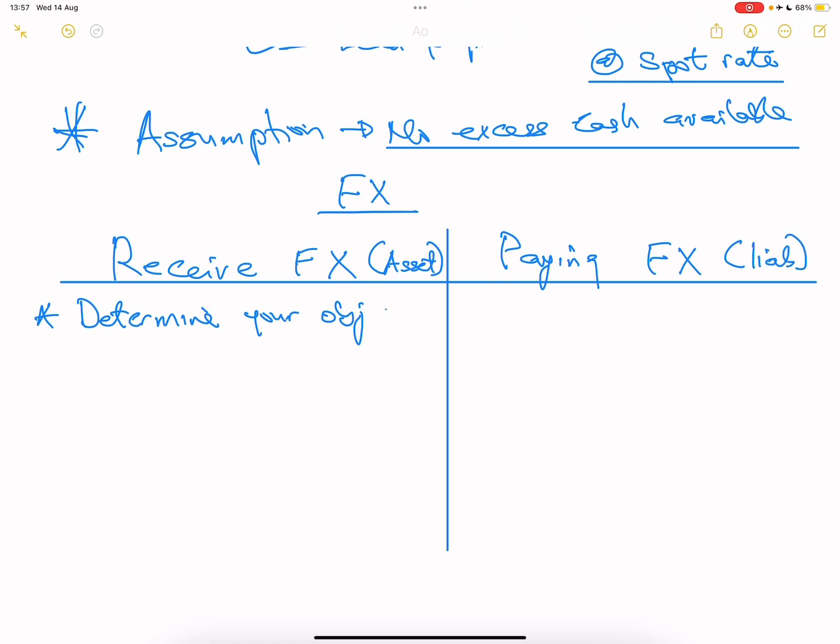So your objective must always be to create the opposite of what you have. Your objective is always the opposite. It means for this one where you have an FX asset, you must create an FX liability.